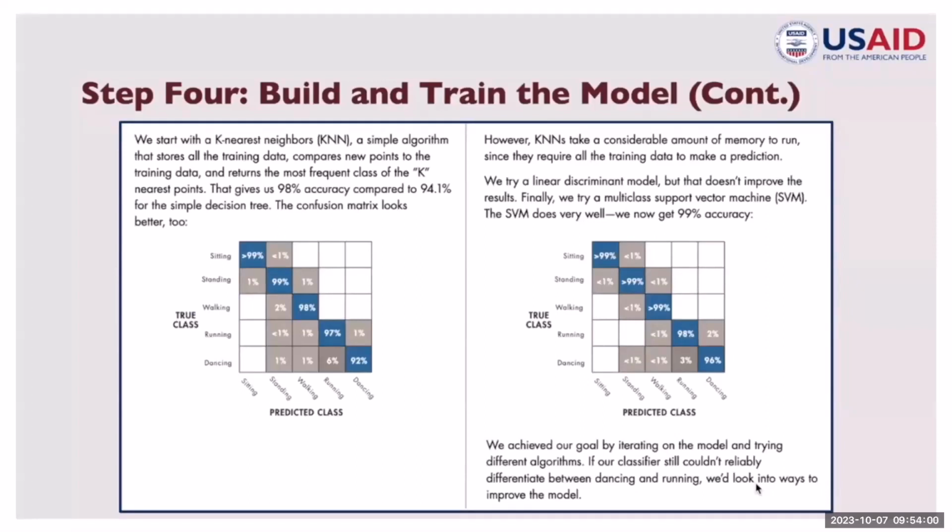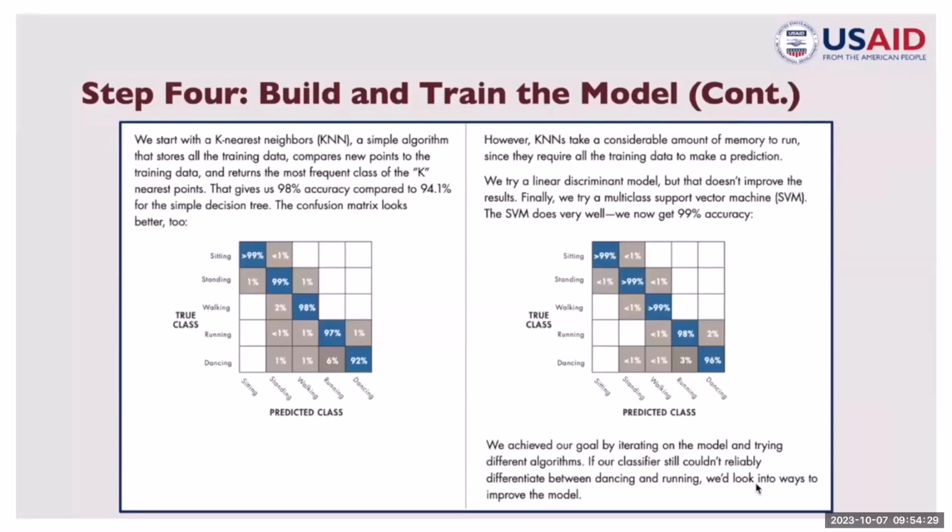Now, after building the model using the same dataset for KNN, we achieve this confusion matrix, wherein we notice that running and dancing significantly increase their respective accuracy in comparison with the use of the decision tree algorithm.